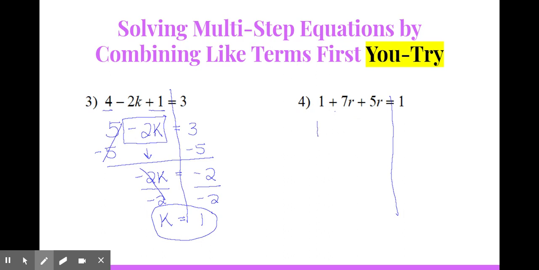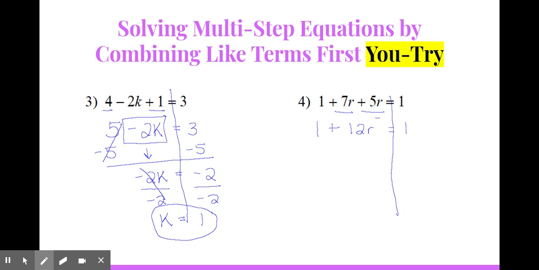The next term I see is this positive 7r. What is the like term that matches with positive 7r? Positive 5r. 7r plus 5r gives me a positive 12r. Equals, on the right-hand side, I only have a 1, so I'm just going to bring that down.